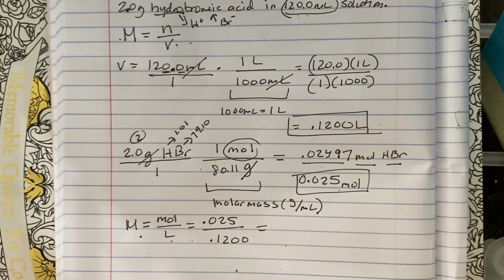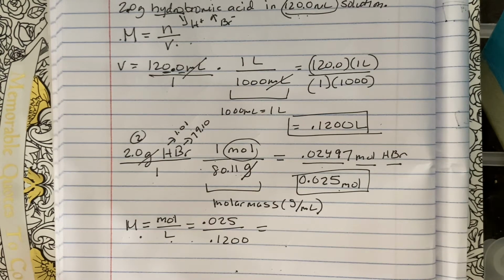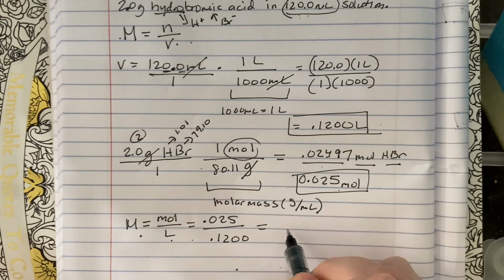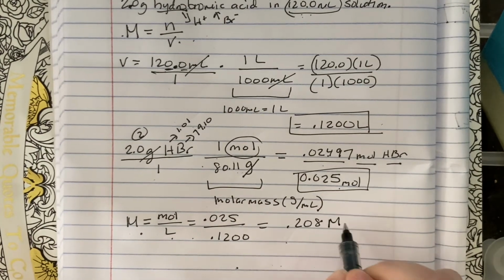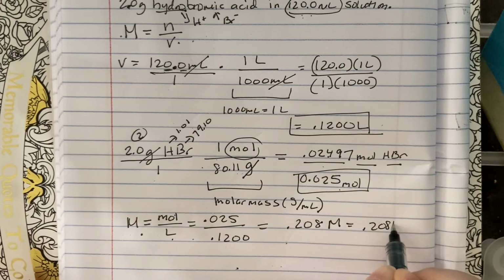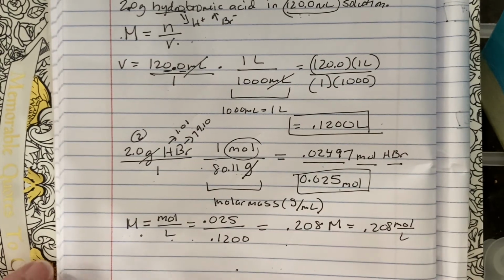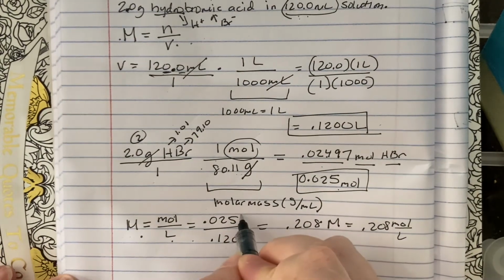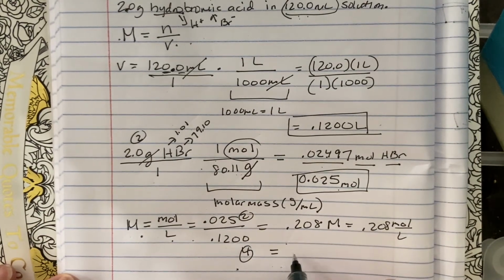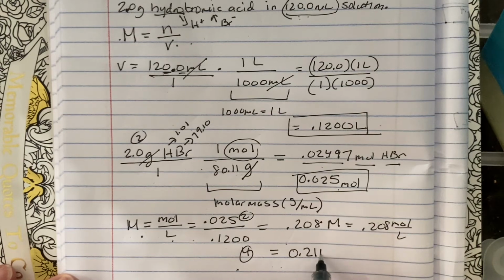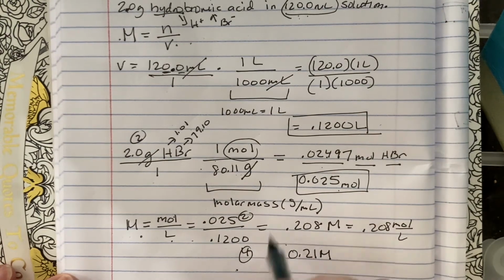So you can always use those units to figure out what's going on. 0.025 divided by 0.1200 gives me 0.208 molarity, big M, or 0.208 moles per liter. Both are acceptable. Sig fig wise, 2 sig figs, 4 sig figs. So my answer can only be in 2 sig figs. 0.21 is going to be my molarity.